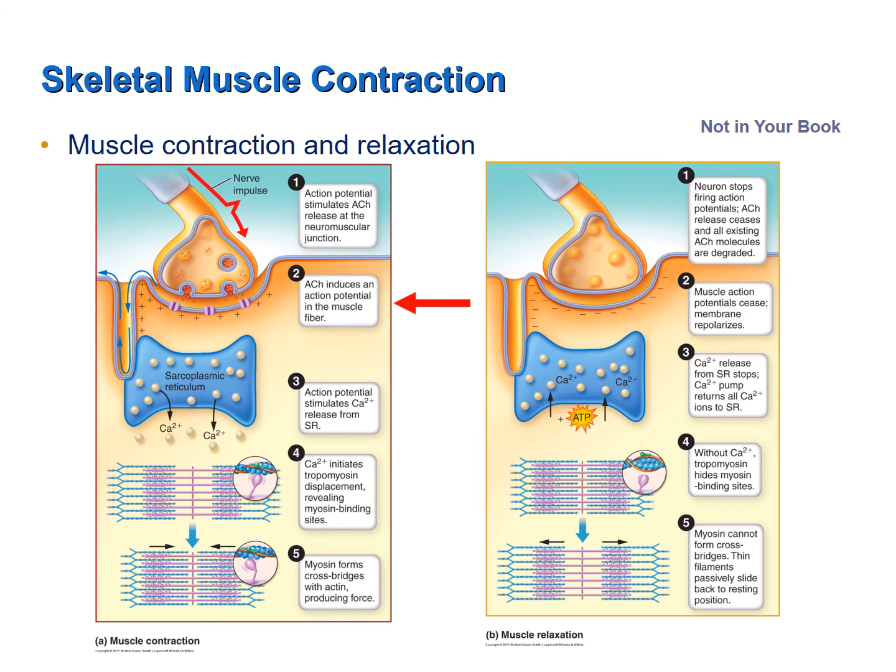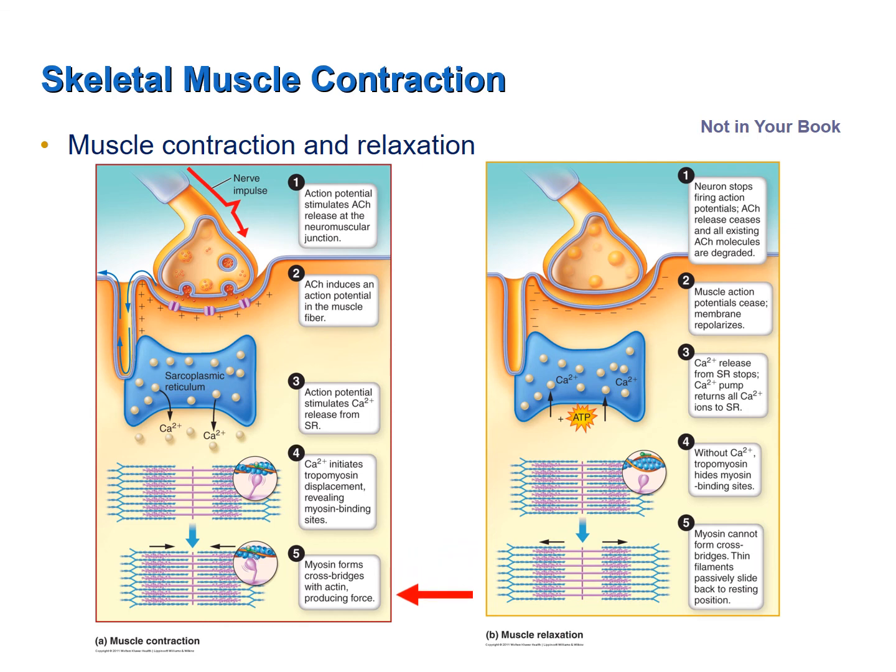That action potential moves across the entire sarcolemma down into the T-tubules and causes the sarcoplasmic reticulum to release calcium. Calcium binds to protein complexes on the thin filament, revealing the myosin binding sites, so the myosin heads then bind their binding sites on the thin filaments, forming cross bridges.